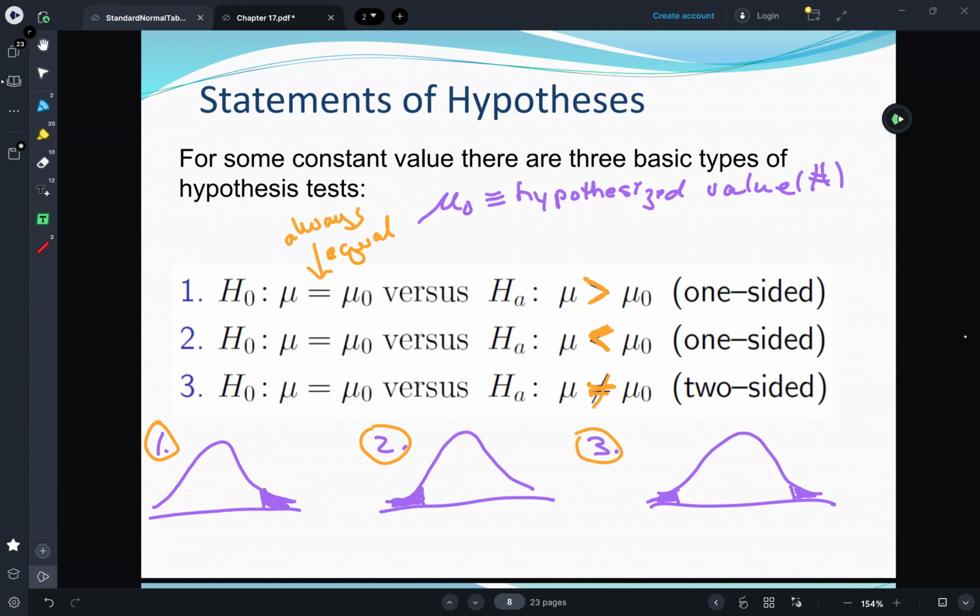Always equal for the null hypothesis. Equal, equal, equal: cases one, two, and three. Whereas the alternative will never have equals. The alternative is either greater than, less than, or does not equal. So that helps keep it straight.